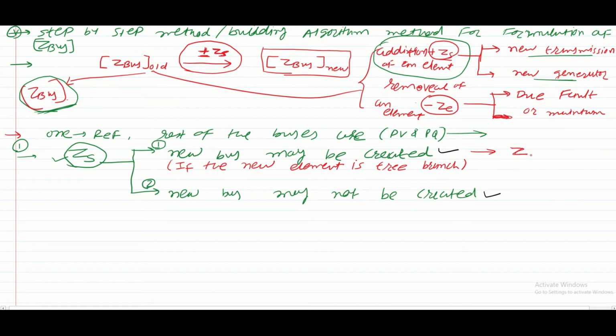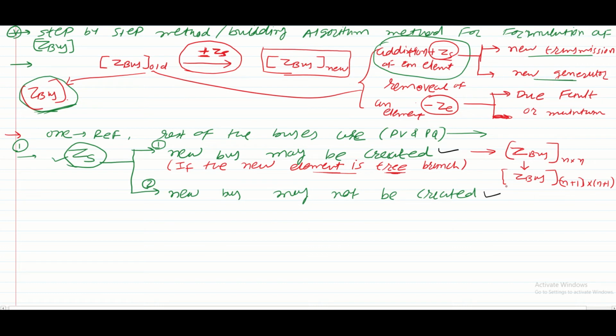So if previously it is an n cross n Z-bus matrix, then after addition of this new element, which is a tree branch, the size will update to n plus 1 cross n plus 1.